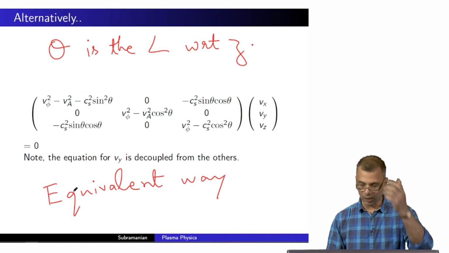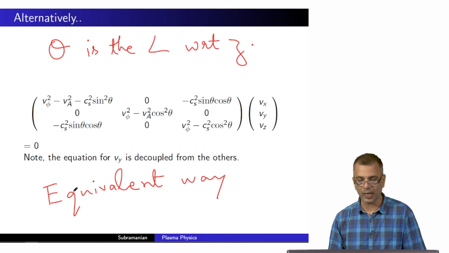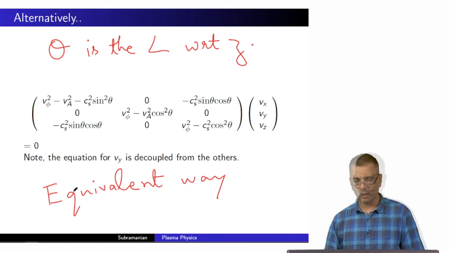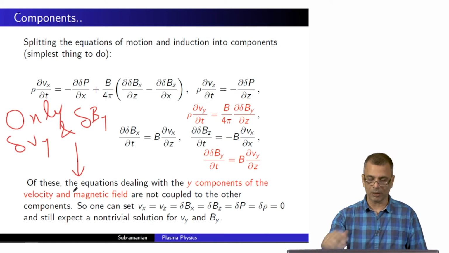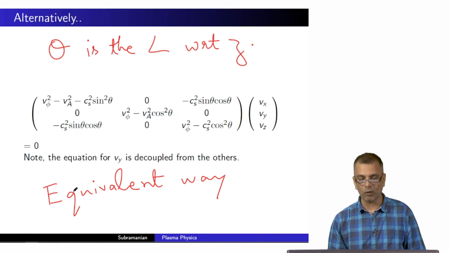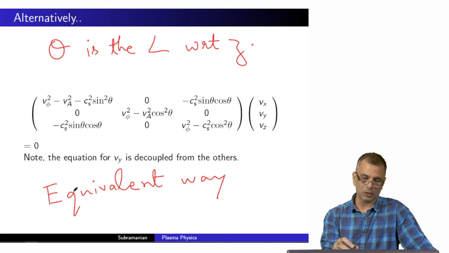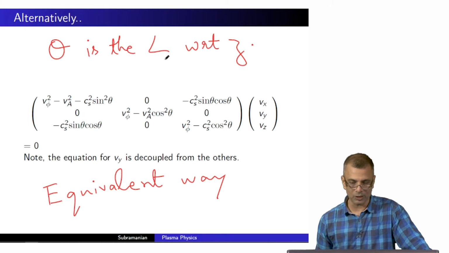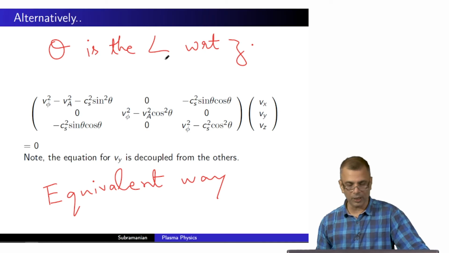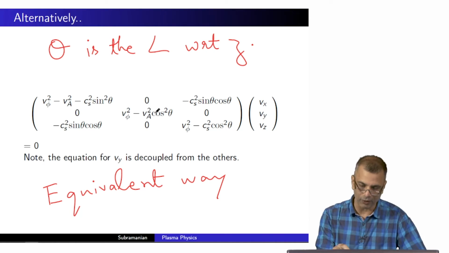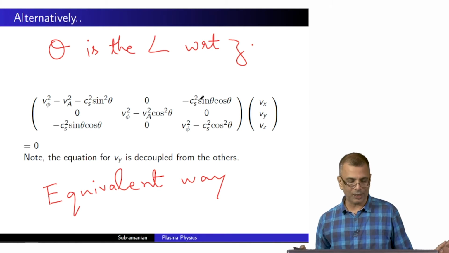Alternatively, never mind this slide. This is exactly the same as the earlier one, written in a slightly different form, in terms of theta, which is the angle with respect to the z-axis. We have already introduced the Alfven velocity, and the sound speed is exactly the same.